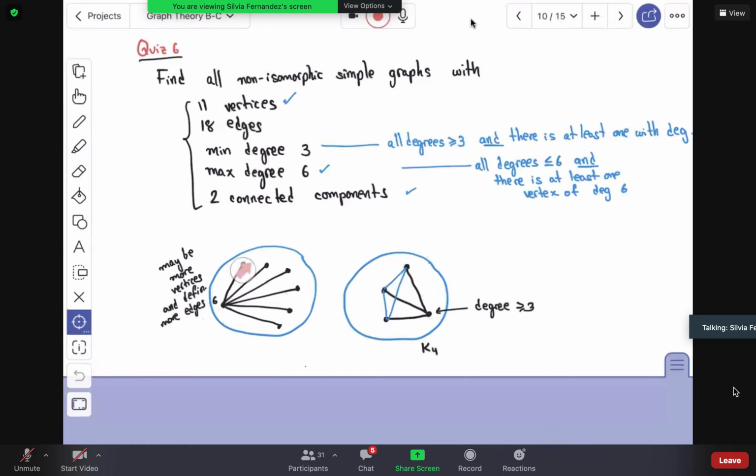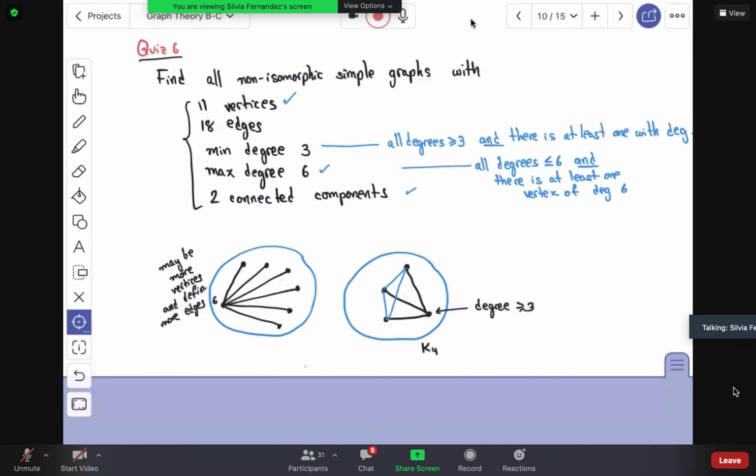We still need to make sure that all these vertices have degree at least 3, no more than 6. The maximum degree is taken care of because I won't be able to have vertices of degree 6 here. I don't even have 6 vertices. And here I won't be able to have vertices of degree more than 6. So that's taken care of. But we still need to make sure that all of those have degree at least 3.